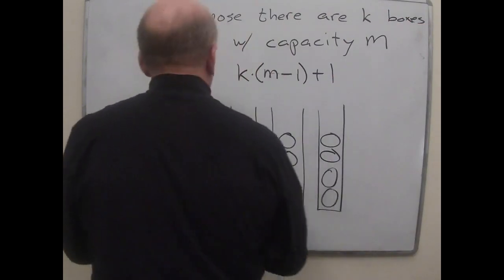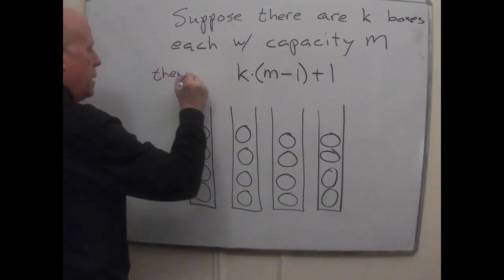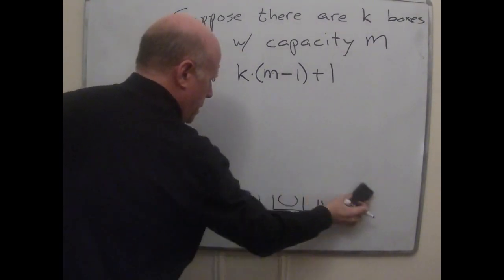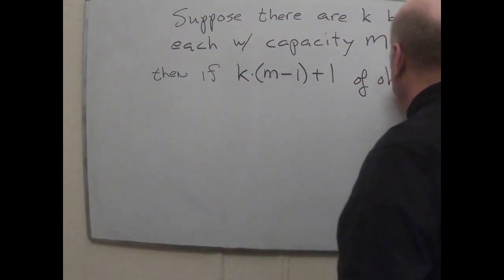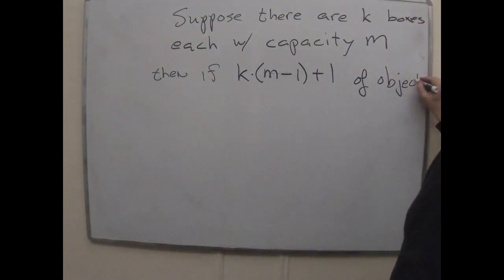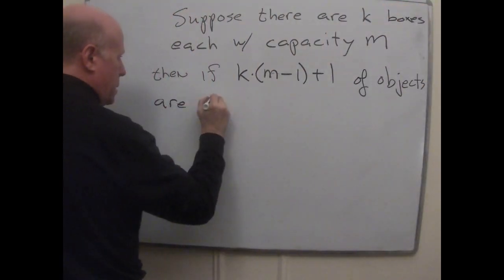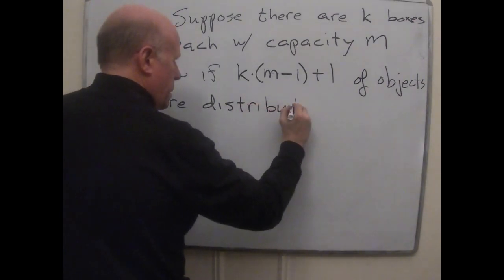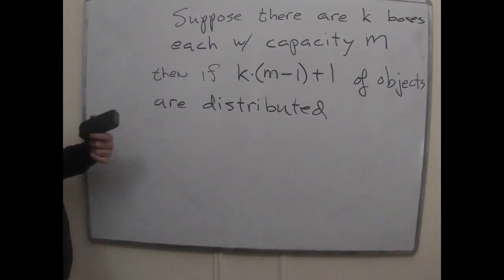I'm going to try to turn this into a better sentence. Then, if that number of objects are distributed amongst the boxes, and really, I should emphasize, this distribution is arbitrary.